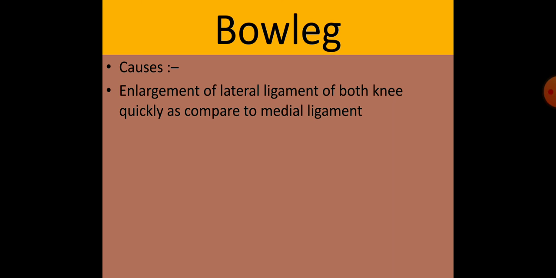Enlargement of the lateral ligament of both knees quickly as compared to the medial ligament. The structure of the knee in which the lateral ligaments are enlarged, they are moving outwards. Weakness of bone and muscles.